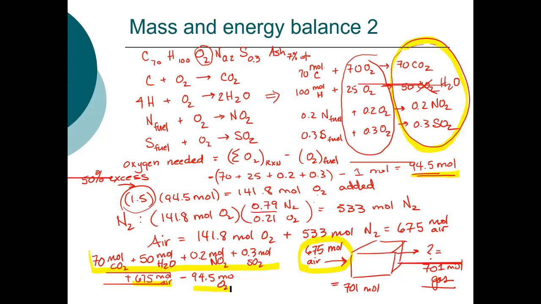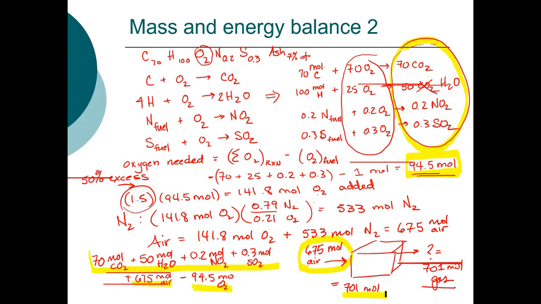Of that, 94.5 moles of oxygen react, and that we get from right here. So that's how much reacts. So if we calculate that, that is equal to 701 moles.